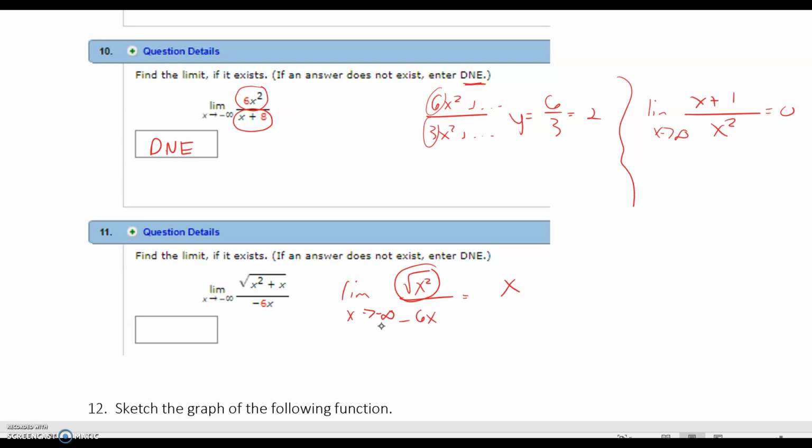We don't have to worry about the plus or minus thing. So what happens here? That also is going to a positive value, right? So you end up with, because when you plug in really small negative numbers, this negative times this negative is a positive. So this is the ratio you end up with, and you get a positive 1/6.